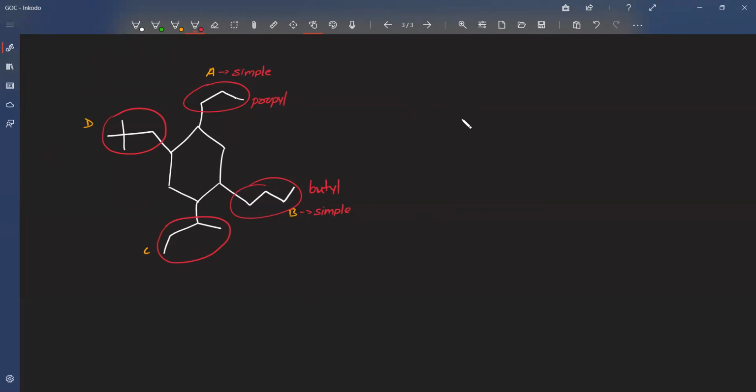Two methyl butyl. C or D? Which one are you solving? C or D?